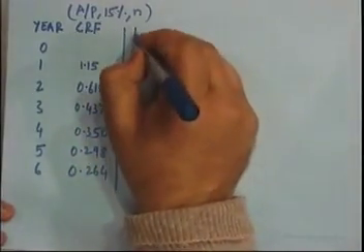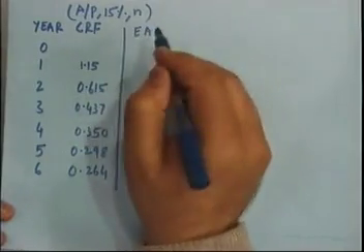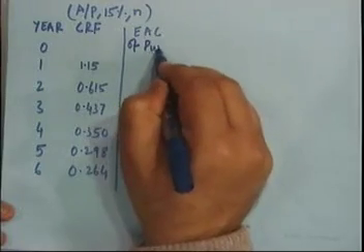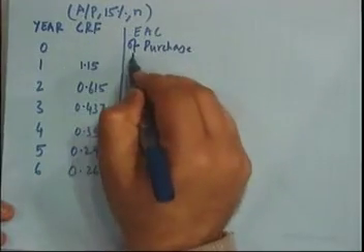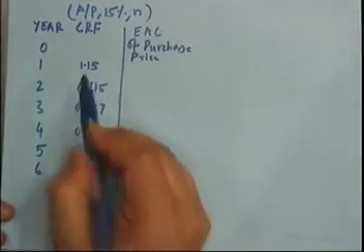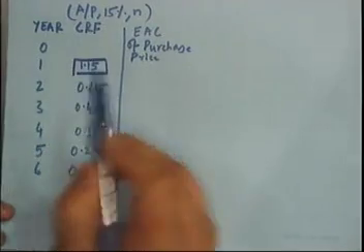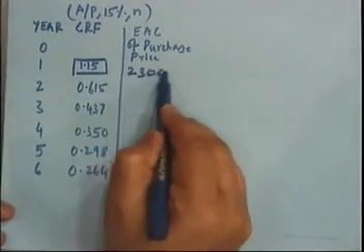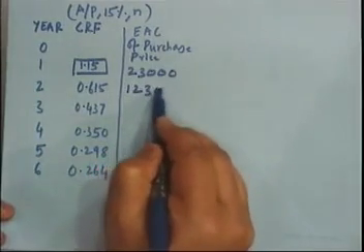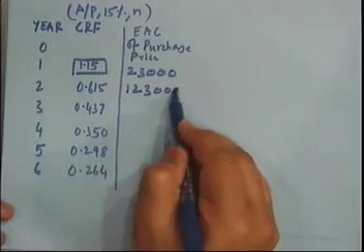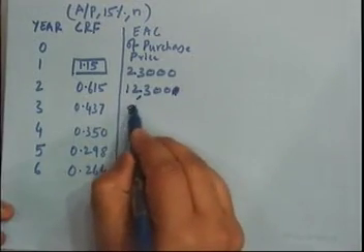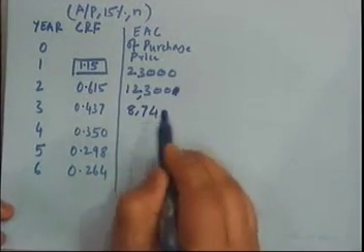Now, I can calculate the equivalent annual cost of the purchase price. This would be nothing but 20,000 multiplied by this value. So, here it would become 23,000. This would become 12,300, sorry. This would become 8,740.